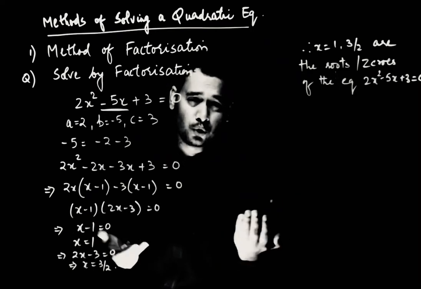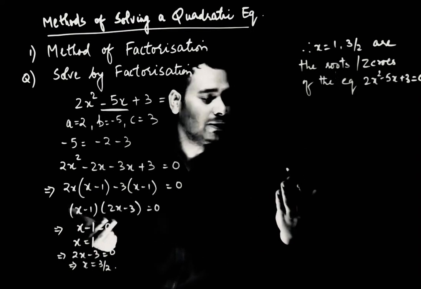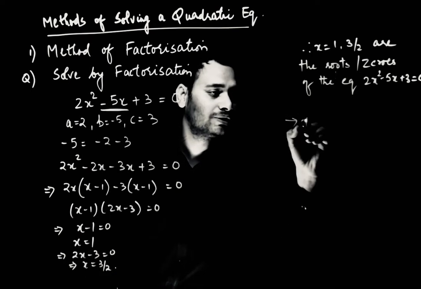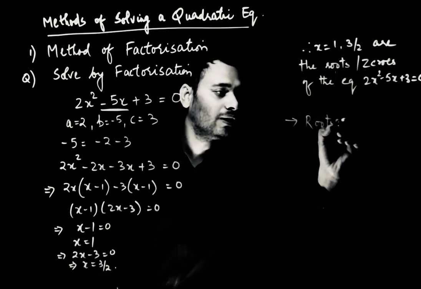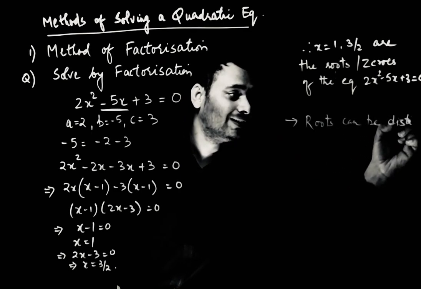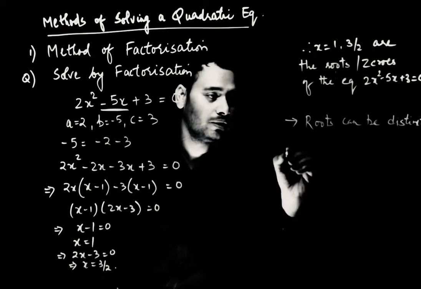Remember, the roots can be the same. In this case we have two distinct roots. So the nature of roots: the roots can be distinct, which is, in this case, the two roots are different.